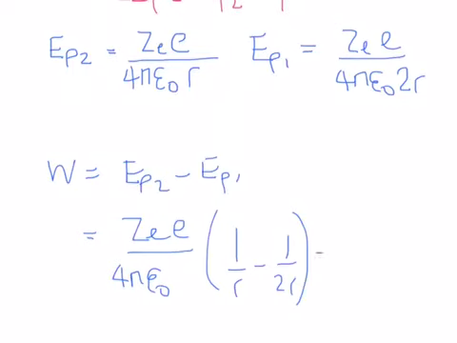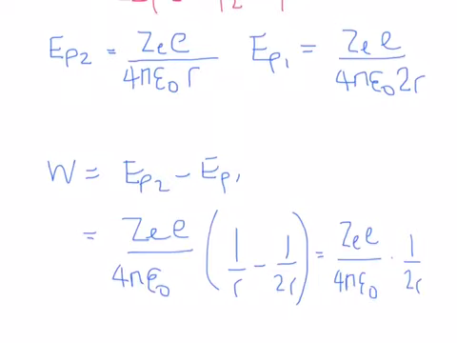And then if we do that, it's sort of like 1 over r minus a half of r. So that's just going to end up being Ze over 4 pi epsilon-0 times 1 over 2r.